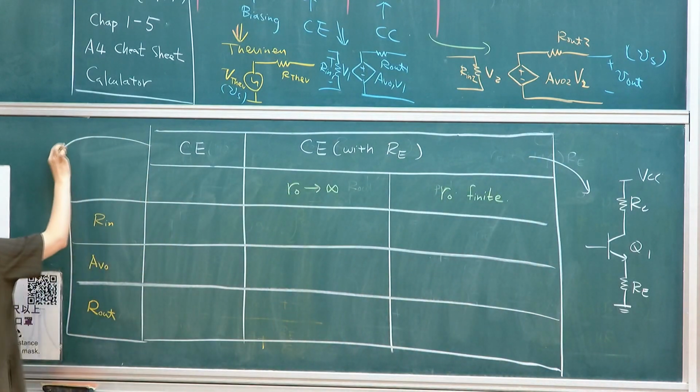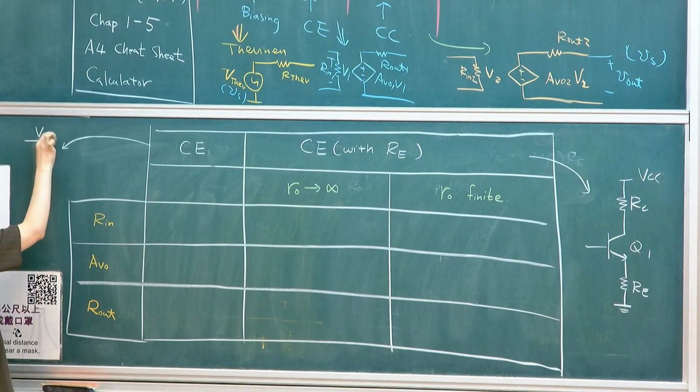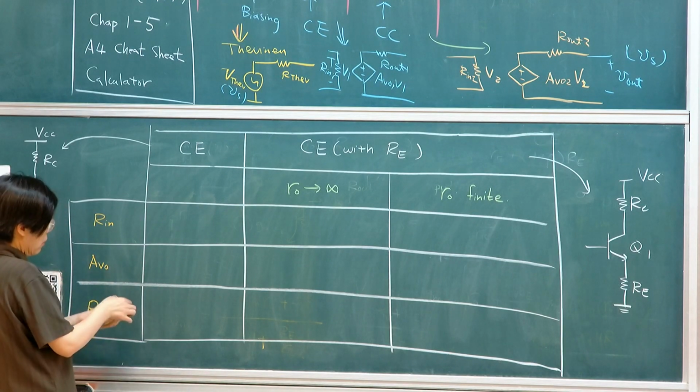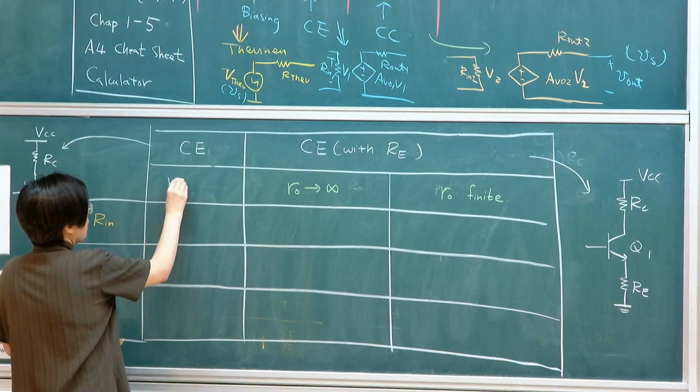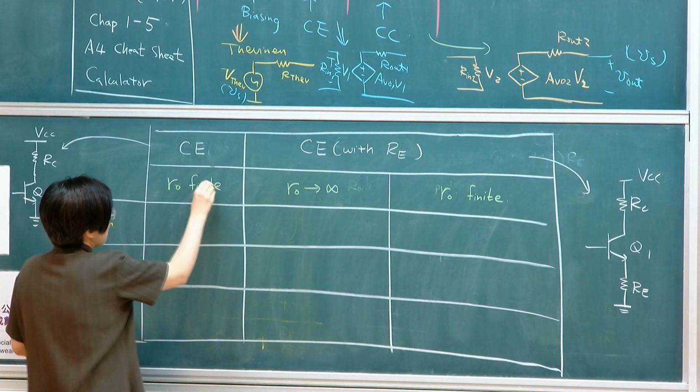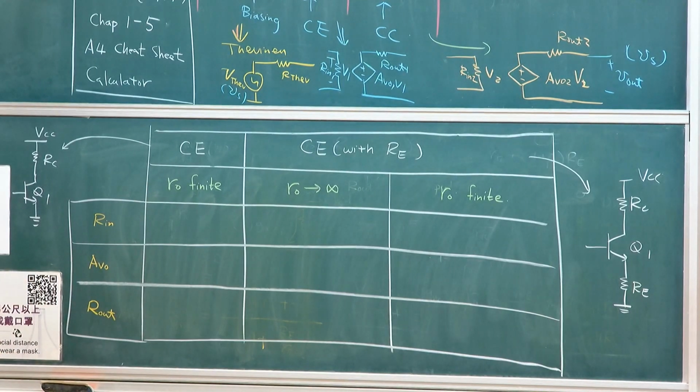Of course, we still consider a resistive load. So this is a typical common emitter. In this case, we're lumping it together. We can still assume that this is finite, because including that is not that complicated.